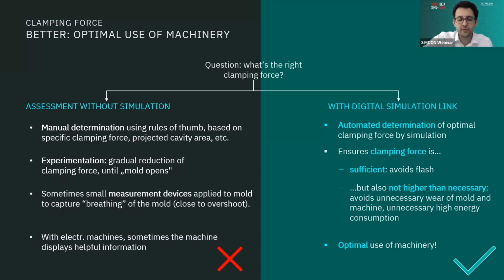This allows you to go to a smaller machine, which is optimally using the clamping force which is really needed for the part. So the clamping force is sufficient but not higher than necessary.